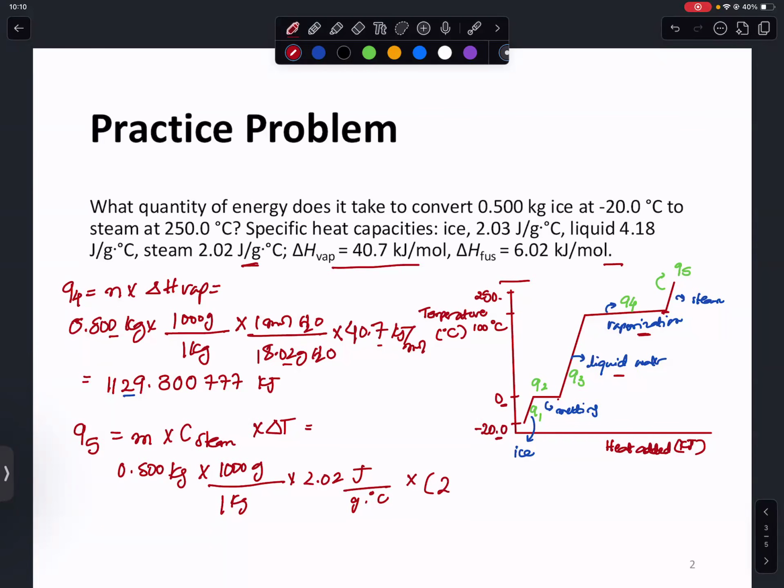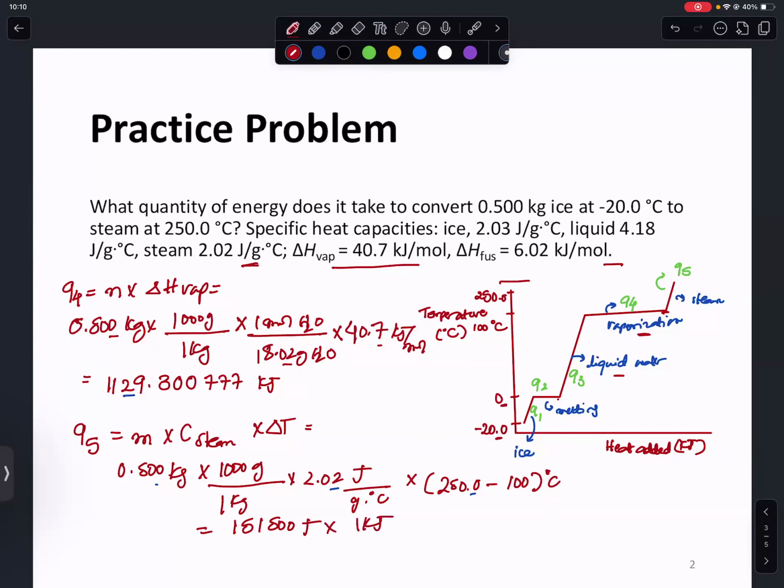Okay, so it's going to be 250.0 minus 100 degrees Celsius. And this also right here, the lowest amount of sig figs is going to be 3 sig figs. And this is going to give me 151,500 joules.